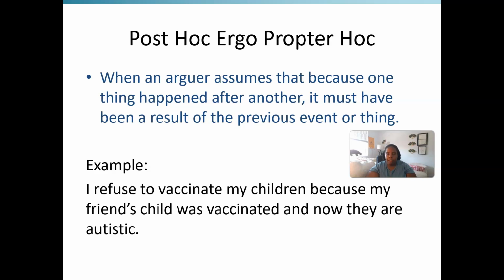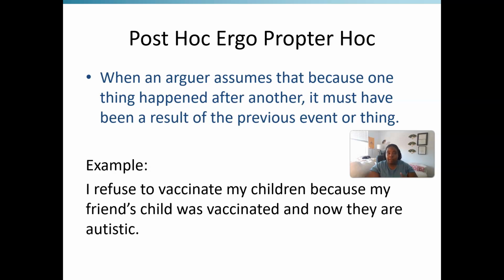So one of the arguments of the anti-vax movement is like, okay, well, vaccines harm children, they might cause neurodiversity, or disorders such as autism or other things that might happen to the kid, and they might have this anecdotal experience where they know someone who vaccinated their kid and they were diagnosed with autism.